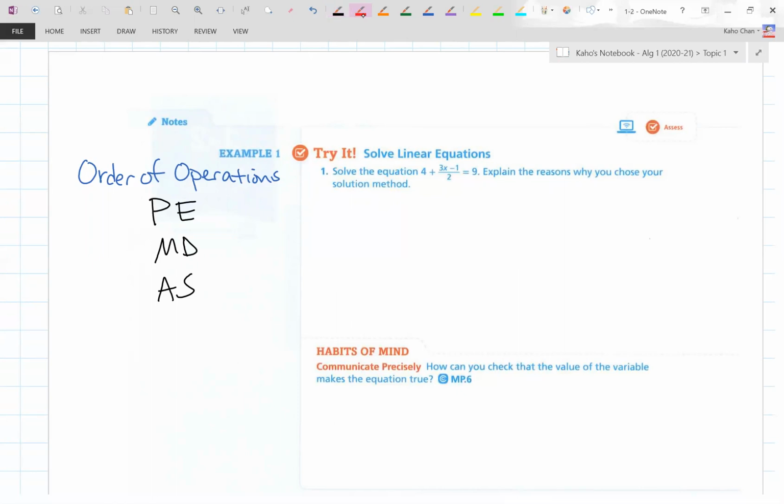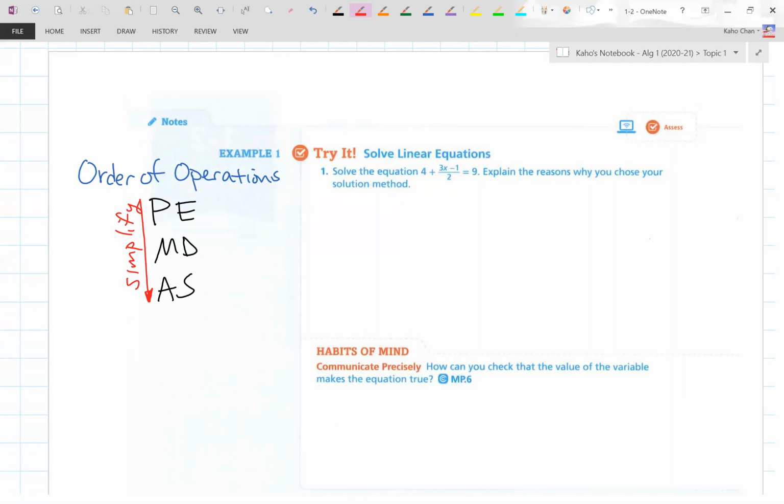For simplifying, we go a certain direction. Parentheses and exponents are first, multiplication and division are second, and adding, subtracting are last. Those are the operations that are important when you're simplifying mathematical expressions.